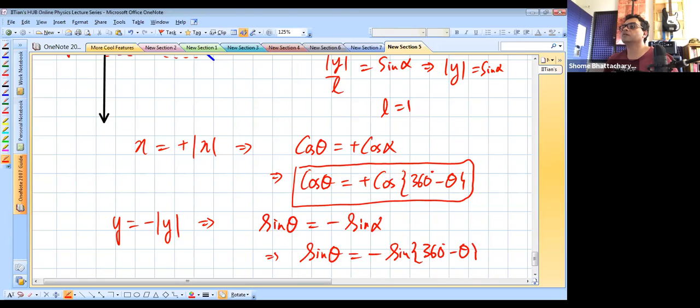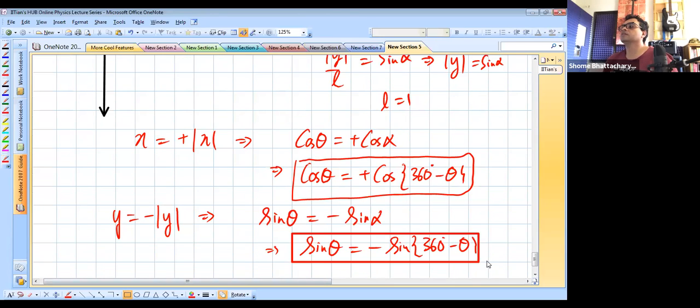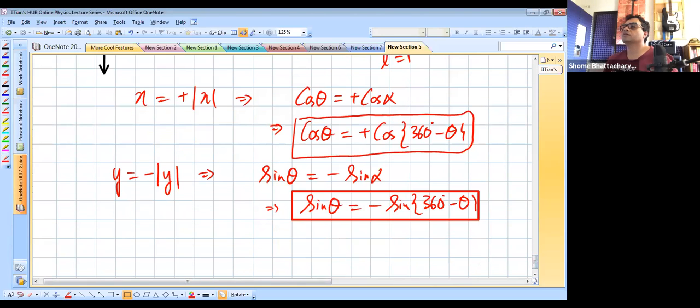Very simple. And then if you just divide these two equations, you will get your tan formula. So tan is negative divided by positive, so negative of sin by cos, so negative tan. This becomes the third formula.